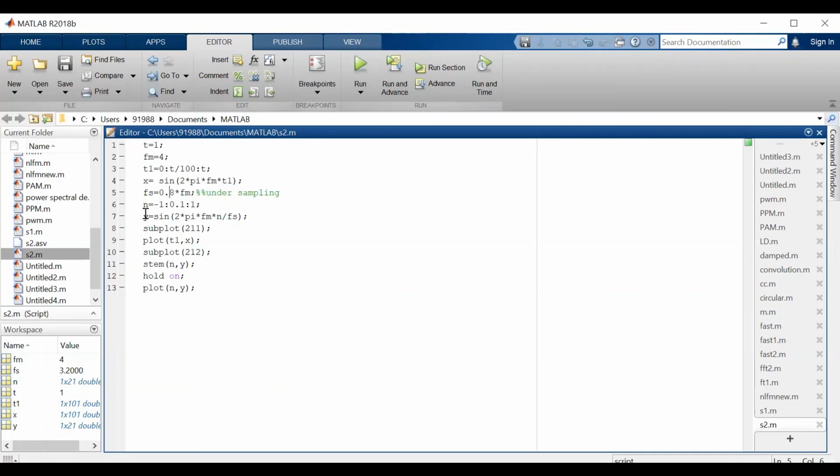And then the next is we have to consider the signal at this sampling frequency. So again, write y is equal to sin(2*pi*f*n*Ts). Ts is nothing but 1 by fs, and fs we already considered. And here we have done the scaling by taking the values of n, which goes from -1 to 1 with an interval of 0.1.